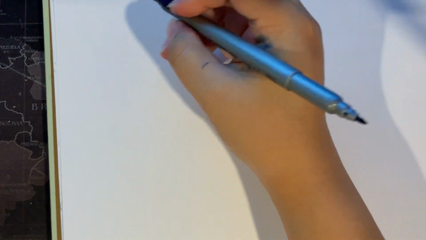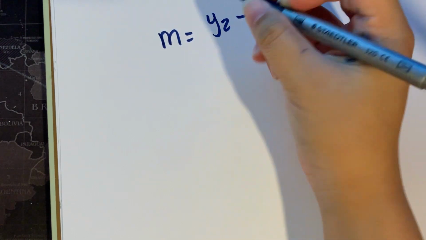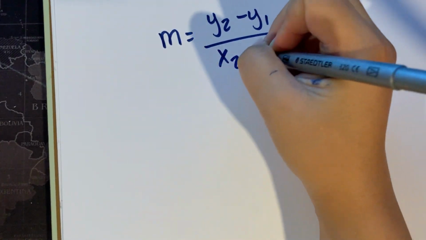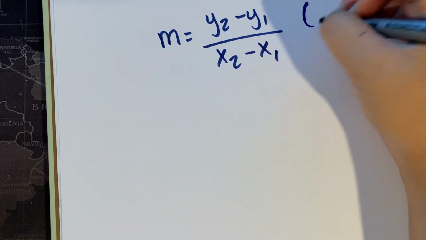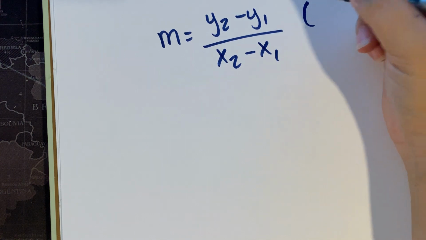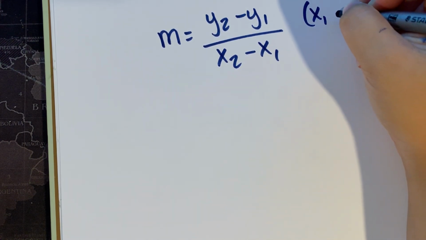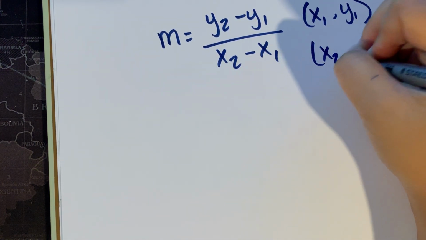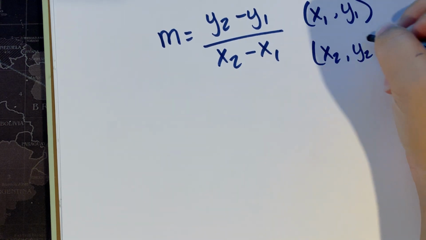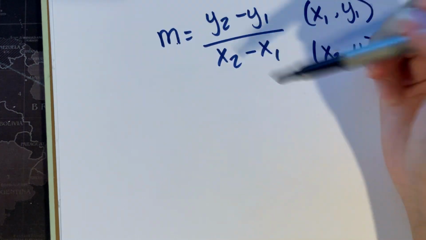So, slope formula: m is equal to y2 minus y1 divided by x2 minus x1. Of course you're going to be given 2 points, your x1, y1, and then x2, y2, whatever those numbers are. Plug those numbers in, and that's how you're going to find your slope.